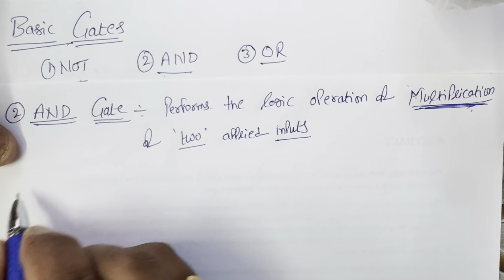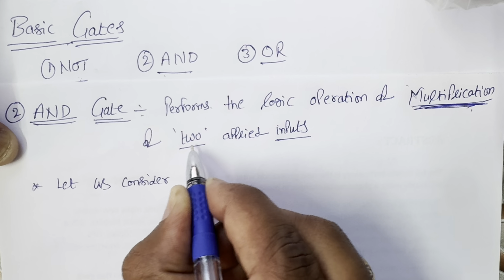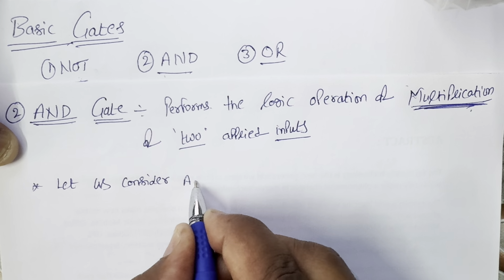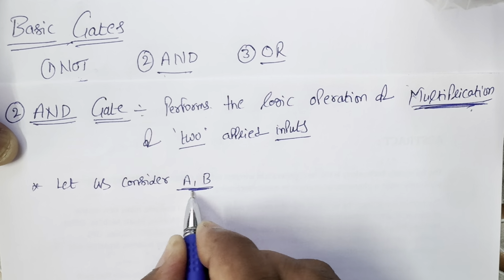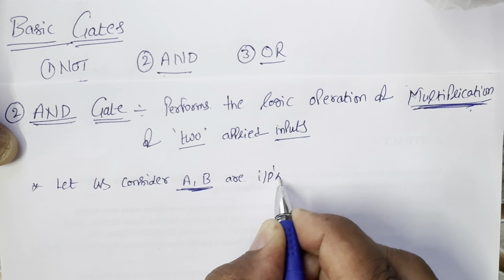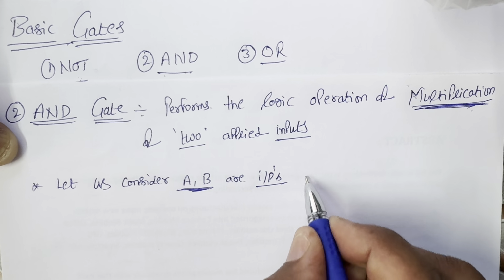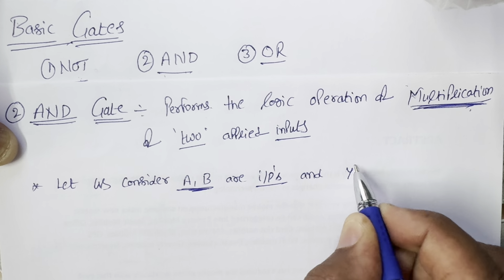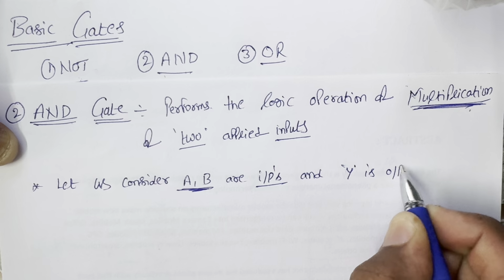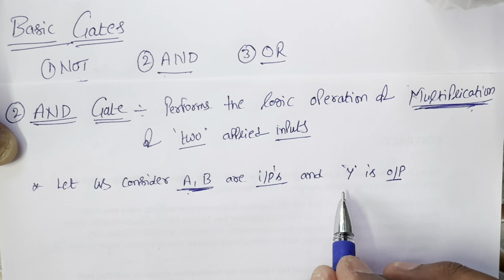We need two inputs, so let us consider A comma B are the inputs and Y is the output.